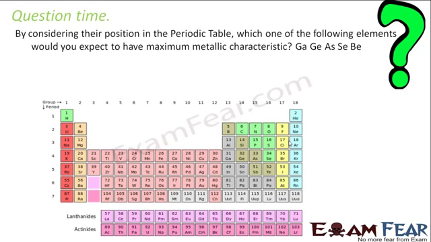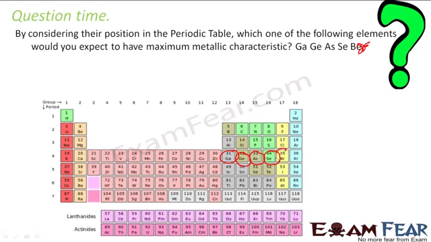By considering their position in the periodic table, which of the following elements would you expect to have maximum metallic character? So I have Ga, Ge, As, Se, and Br. It's Br actually.